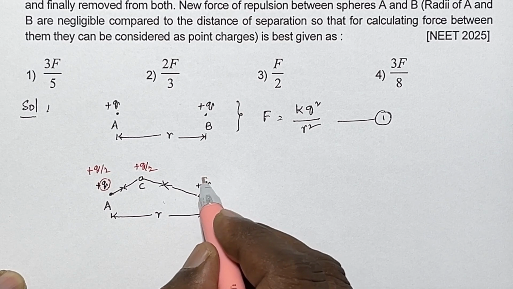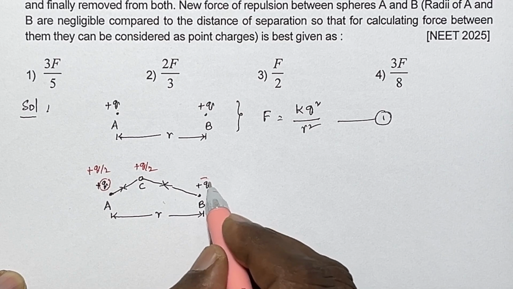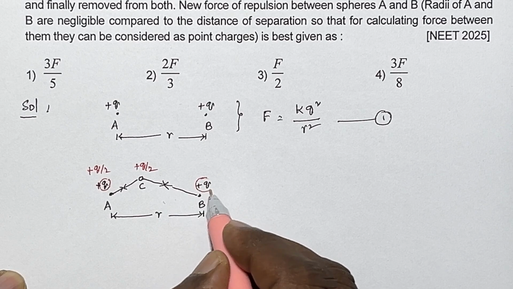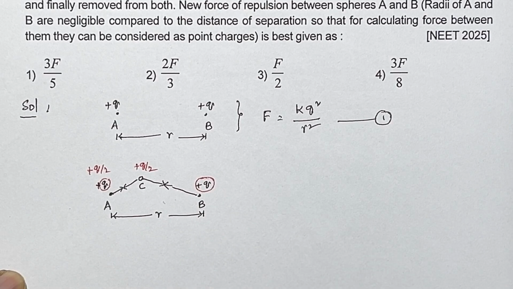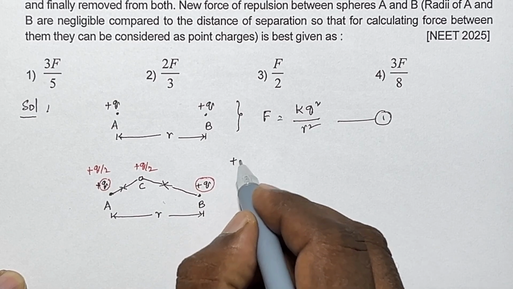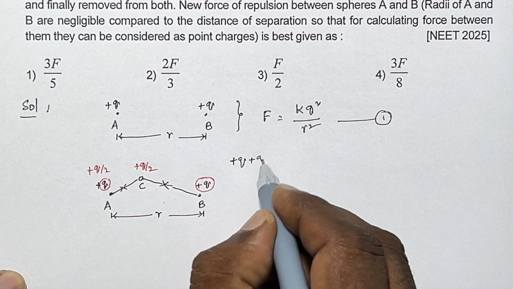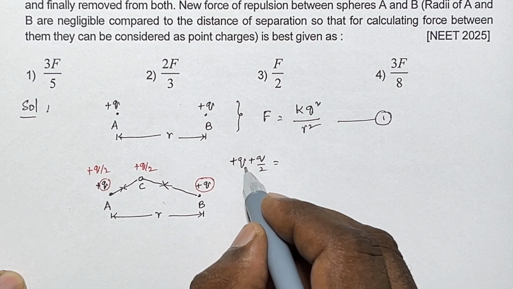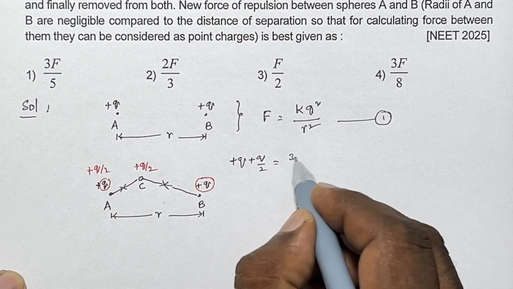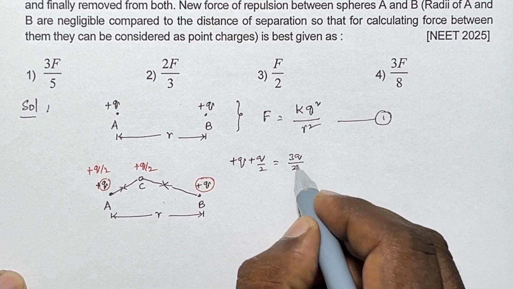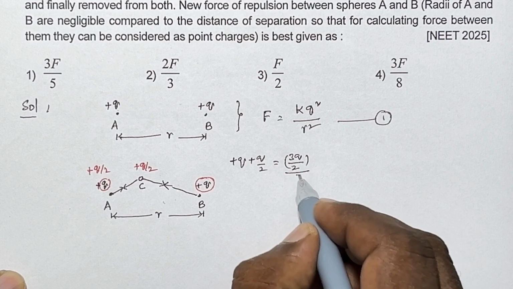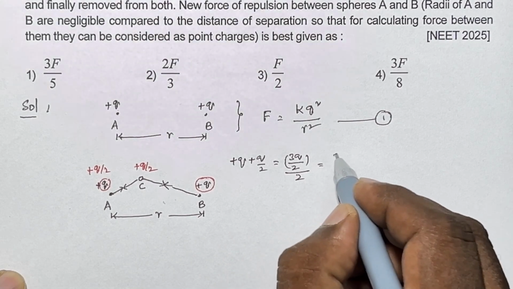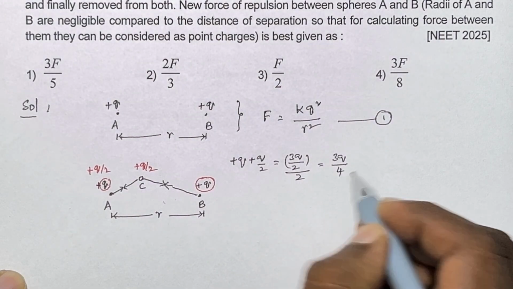So here, plus Q plus Q by 2 is 3Q by 2, by 2 for the average, so 3Q by 4.